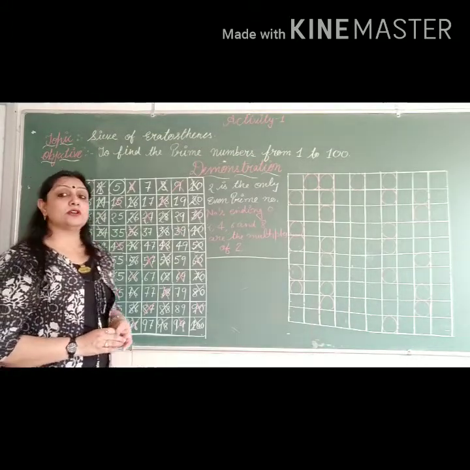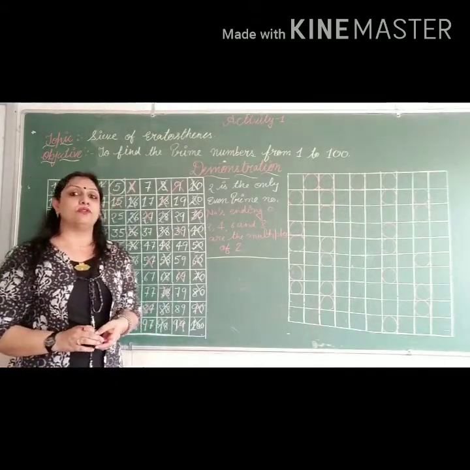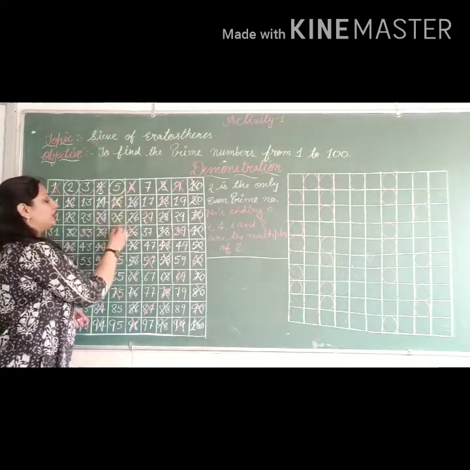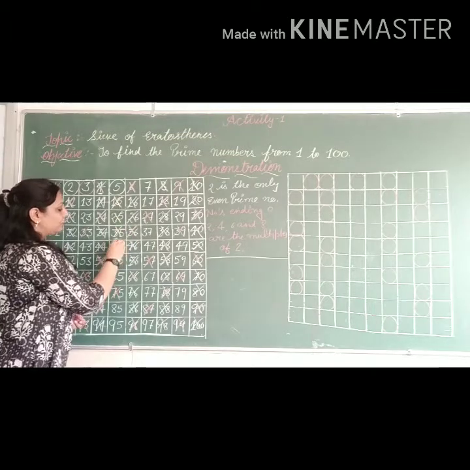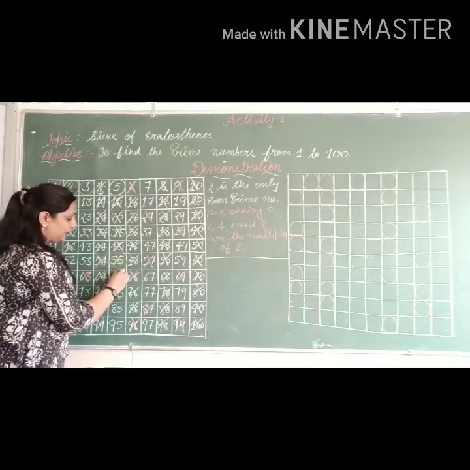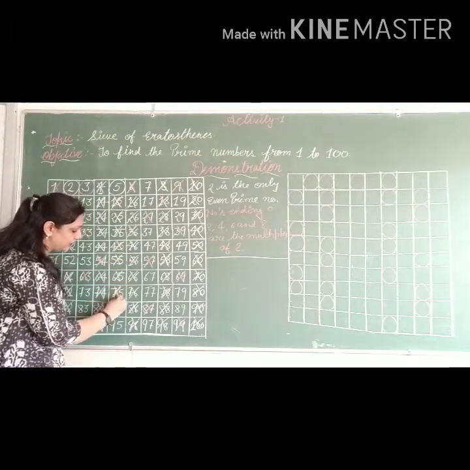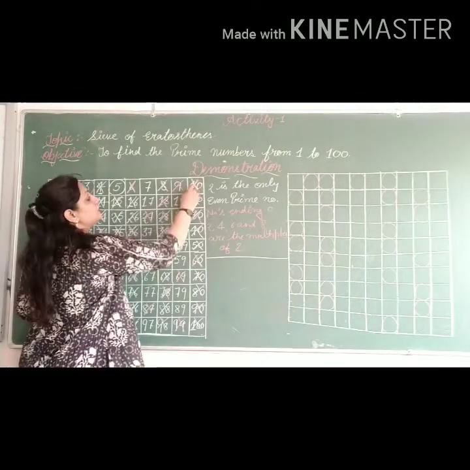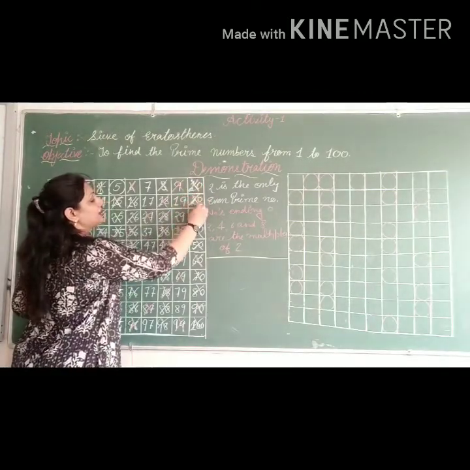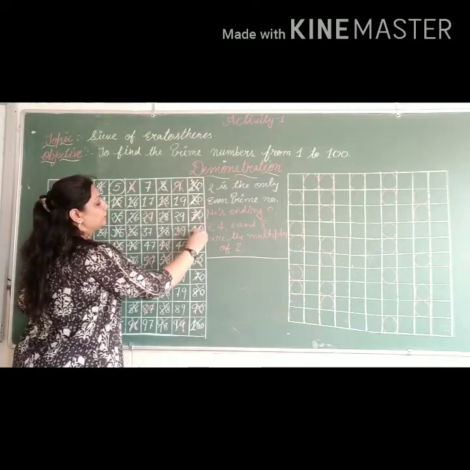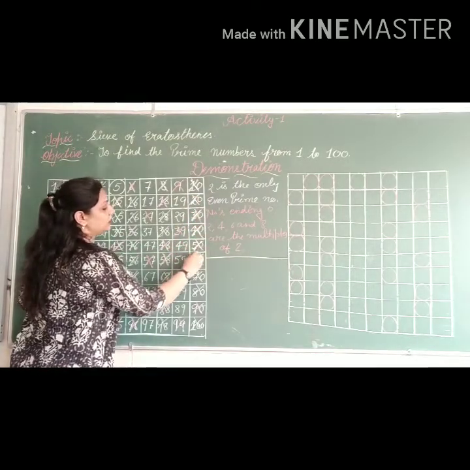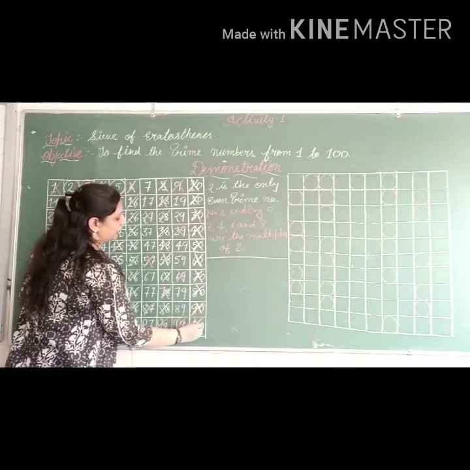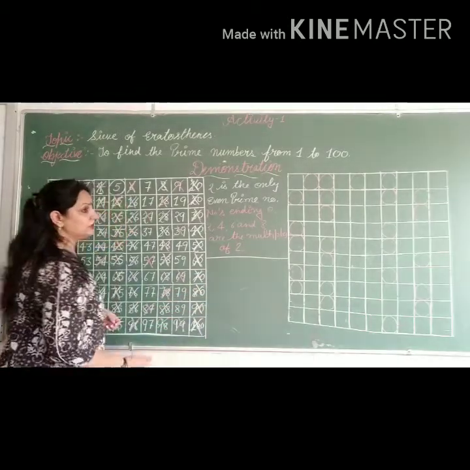Now we will be crossing all the multiples of 5. 15, 25, 35, 45, 55, 65, 75, 85, 95. 10, 20, 30, 40, 50, 60, 70, 80, 90 and 100.